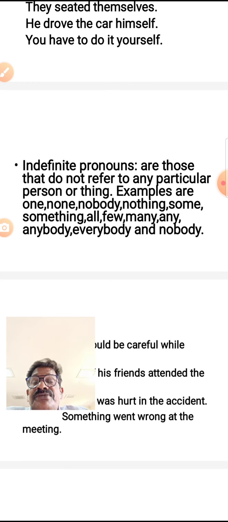indefinite pronouns. So far we have come across reflexive pronouns where we have met with a few examples, and now it is turn to indefinite pronouns. Indefinite pronouns are those that do not refer to any particular person or a thing.